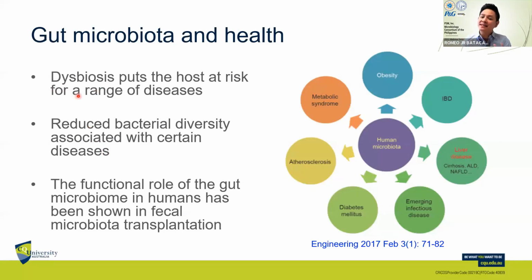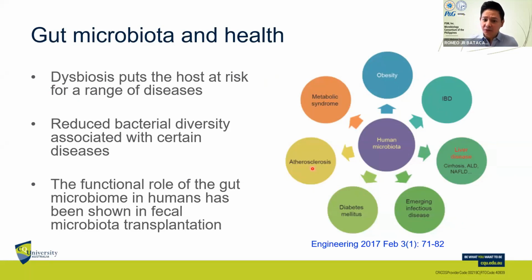It compromises the barrier lining the gut, triggering the immune system and activating inflammation, putting the host at risk for a range of diseases such as metabolic syndrome, obesity, inflammatory bowel diseases, liver disease, infectious diseases, diabetes, and atherosclerosis.